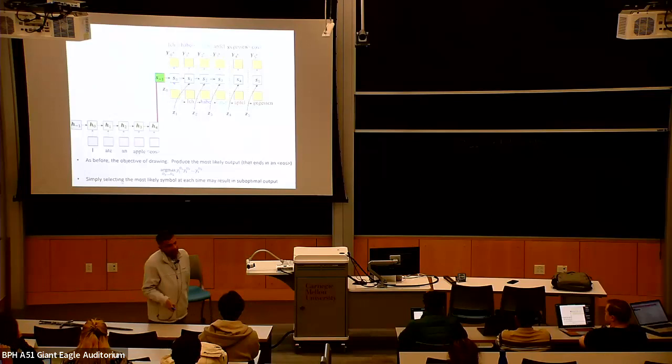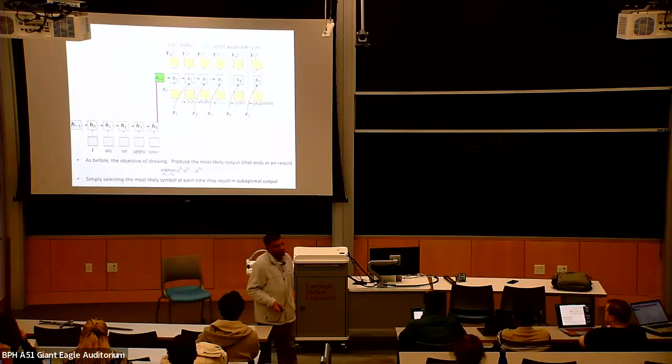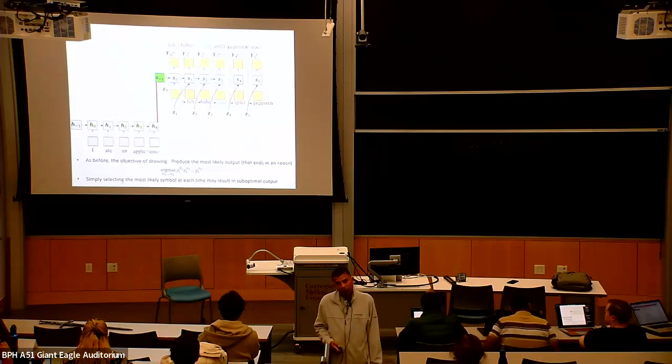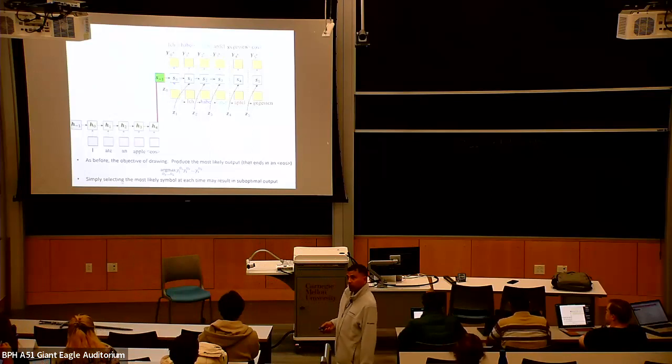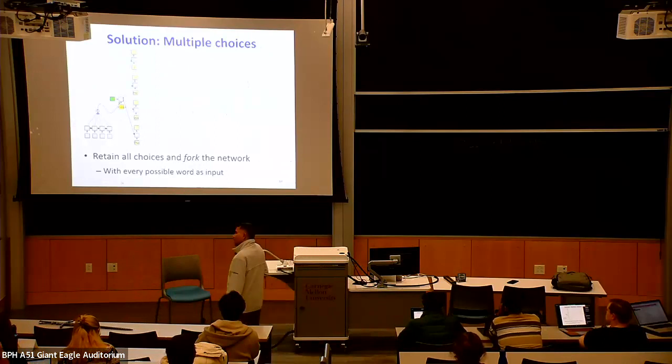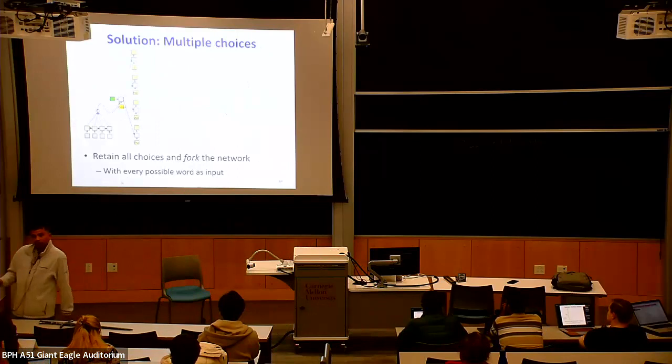Now, of course, the cheap solution is to always be greedy and just draw the most probable word, or maybe randomly choose a word. But if you want to be more optimal, then you actually want to expand the tree out and perform beam search. So here's what we would do.